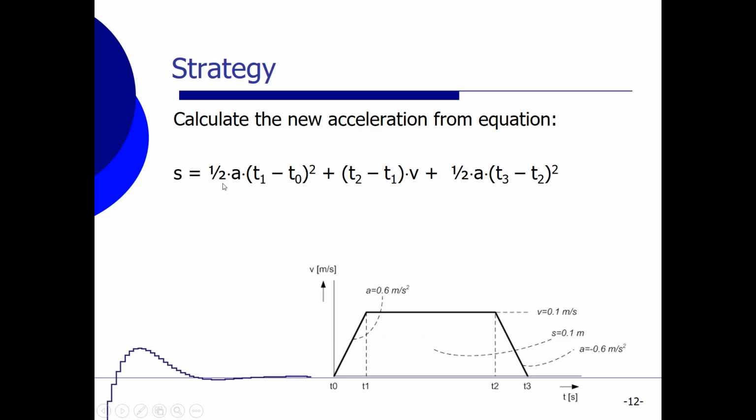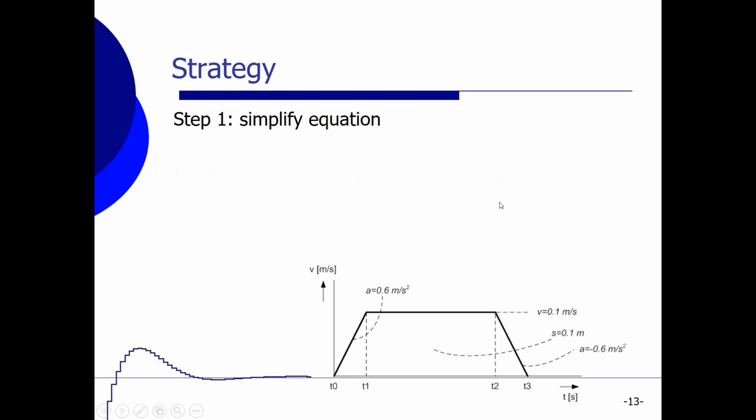So it's 0.5 times a times (t1 minus t0) squared, this triangle, plus this rectangle, which is (t2 minus t1) times v, plus the area underneath this triangle, which is this expression. Well, that looks like a big expression, but fortunately we can simplify this equation. So that should be our step 1.